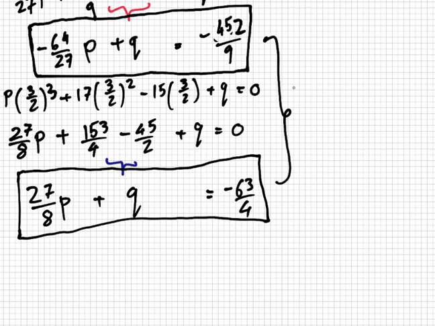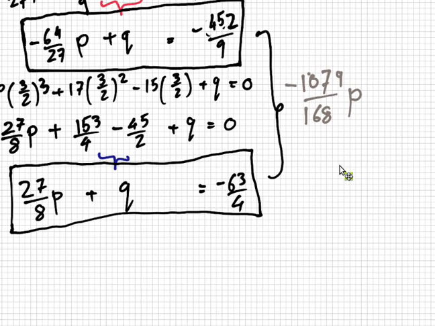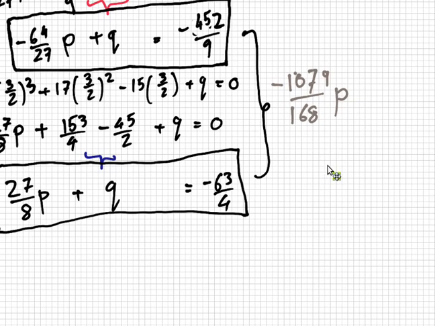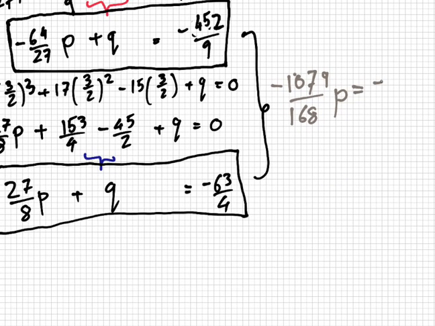Should be negative also. Minus 1079 over 168 p. Now, subtract these, but just be careful, minus minus, so it's actually plus there. Minus 1241 over 36. Problem, Hussein?